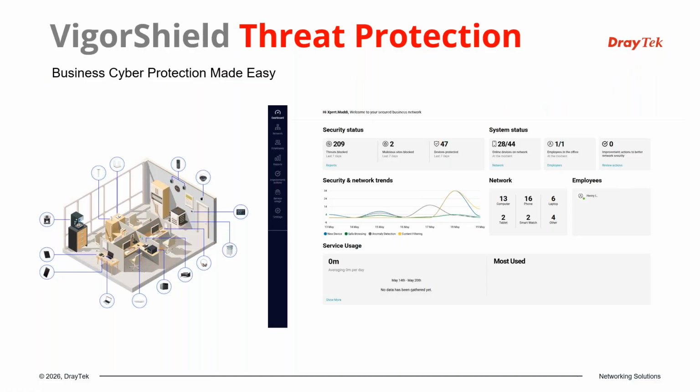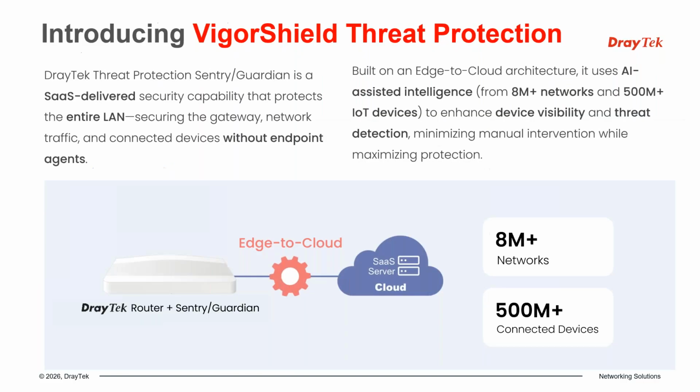What the threat protection system is, is a software as a service delivered security capability that protects the entire LAN, securing the gateway. It secures network traffic and also the connected devices without having to install any endpoint agent on the devices on the network. The architecture of it is around an edge to cloud architecture.